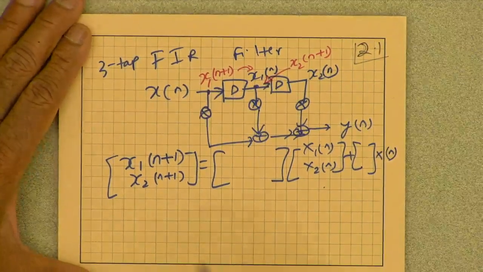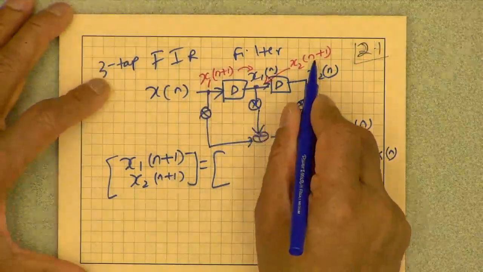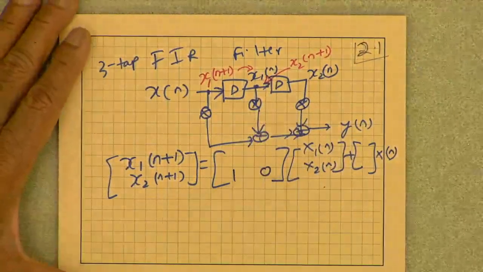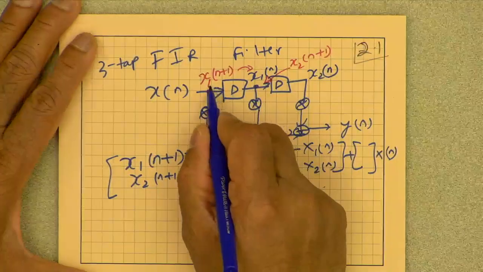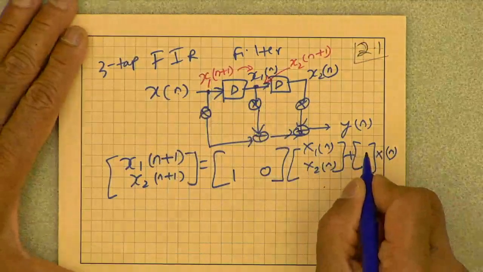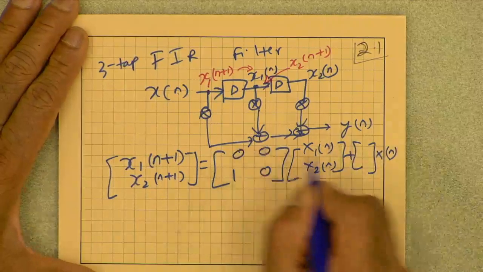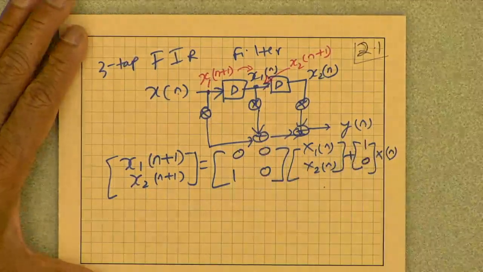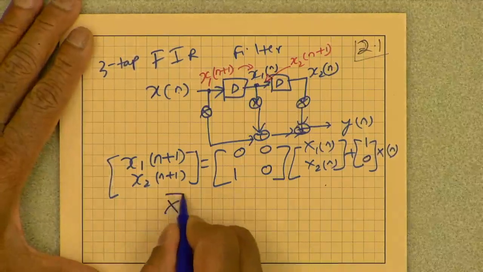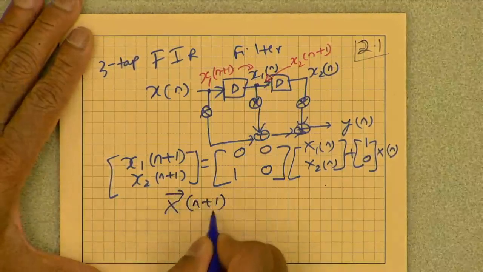So x2 n plus 1 is exactly the same as x1 n, so I can put that as 1 0, and the next state x1 n plus 1 is the same as the input xn, so this is 0 0 1, and that's 0.